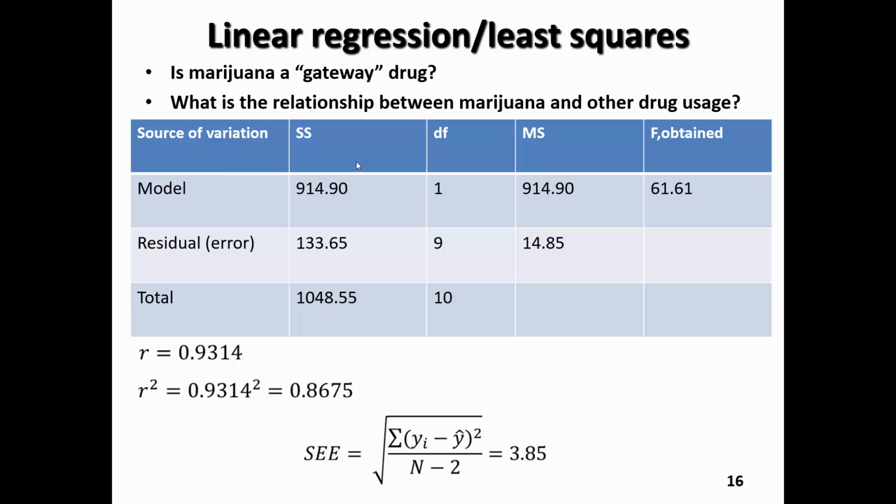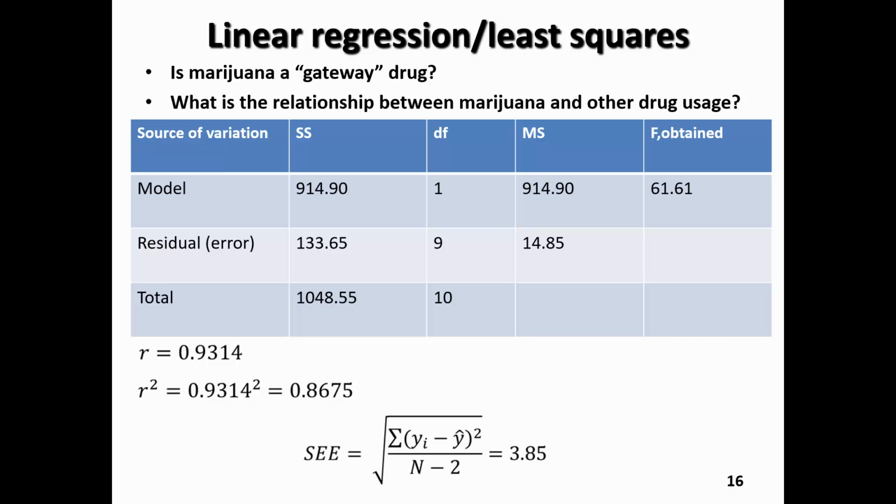The degree of that variation is captured by the sum of squares that was summarized on slide 13. Now, for the degrees of freedom, we see different values. The model degrees of freedom is based upon how many predictors we have in the model.